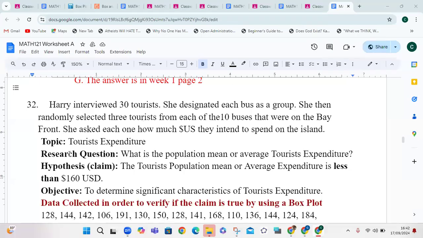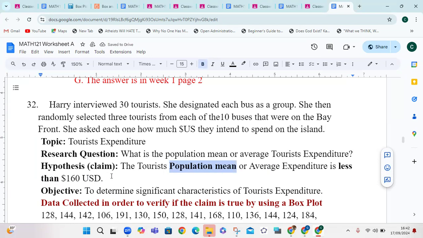Now, let's recall that the claim is that the tourist population mean, and let's focus on that word population mean, is less than 160 US dollars. And we have to translate this to symbolic form and complete a pair of hypotheses.